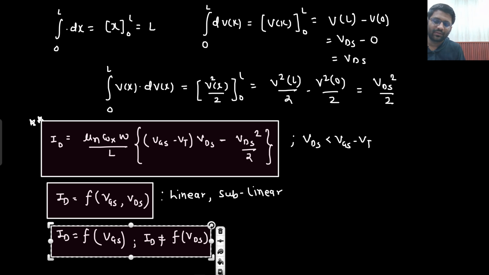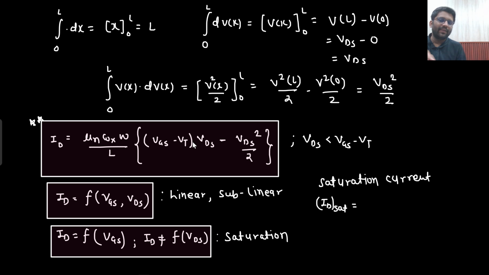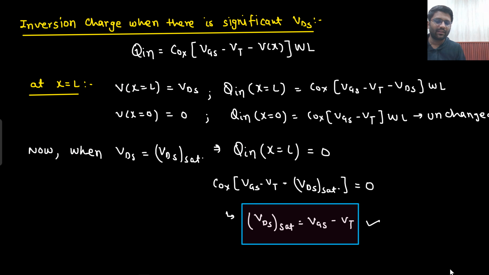So to get the saturation current, I need to find out the saturation current ID sat. What do I need to do? In place of VDS, you put VGS minus VT.